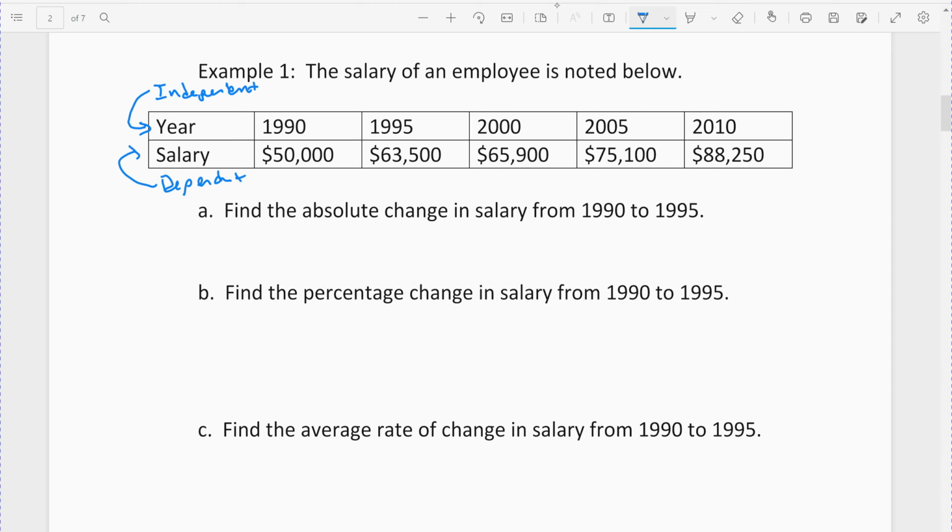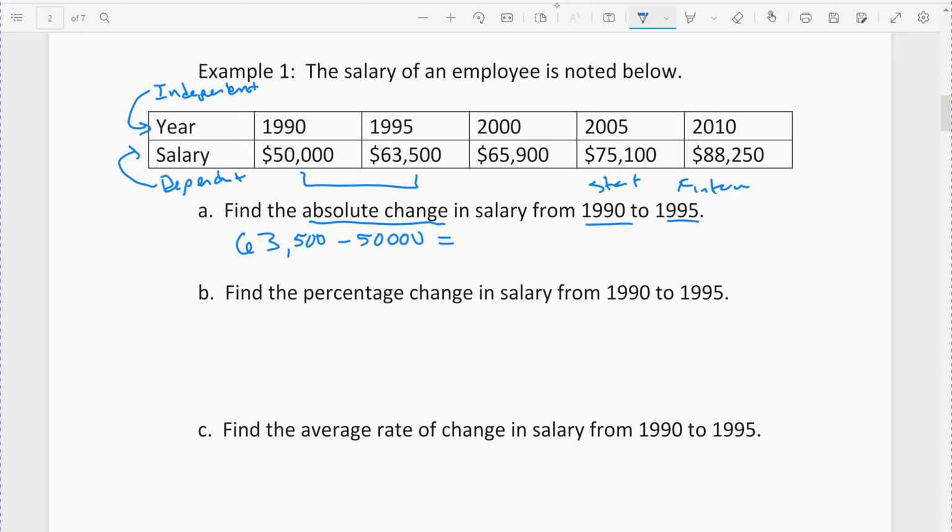Find the absolute change in the salary from 1990 to 95. This would be the start, and this would be the future value. We want to start in 1990 and find the change in the salary from 1990 to 95. Again, we take the future value and subtract the starting value. So you're going to take the 63,500 minus the 50,000, and that will be how much the salary changed from 1990 to 1995.